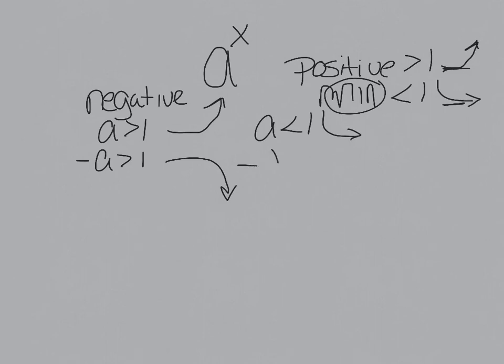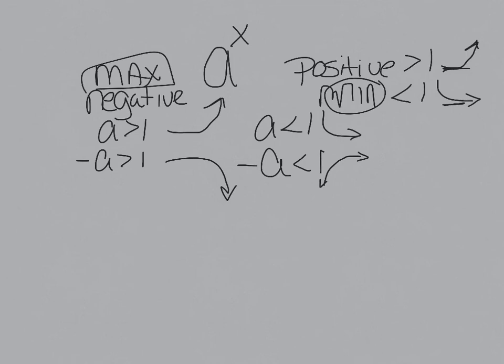Same thing if A is less than 1, then we have decay. But if you have negative A and that base there is less than 1, then you're going to flip it over and it's going to look like that. So whenever you have a negative in front of it, you're going to have a maximum approaching, and if it's a positive, it's going to be a minimum approaching.